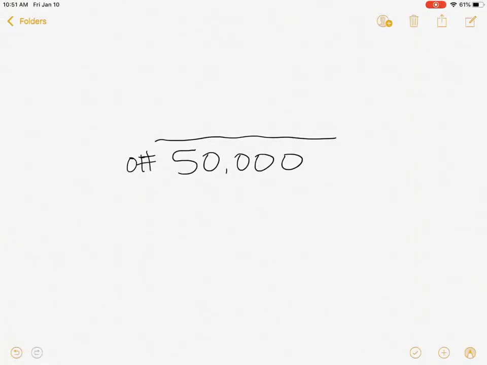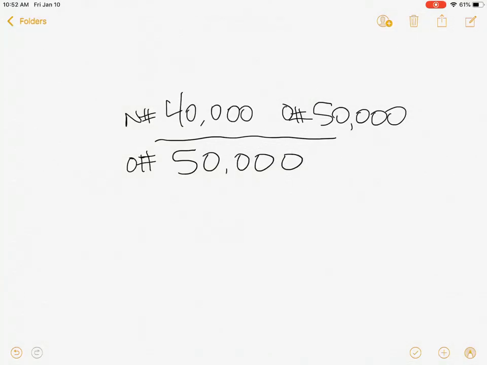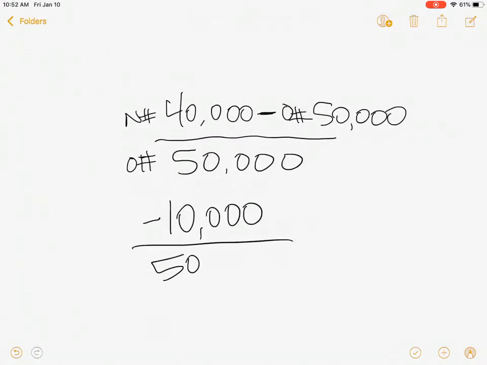New number should be on this side, original number on this side. So 50,000 goes here because we budgeted $50,000, so that was our original number, but we only spent 40. So 40,000 goes here, and we do the subtraction. When we subtract 50,000 from 40,000, we get negative 10,000 over our 50,000.